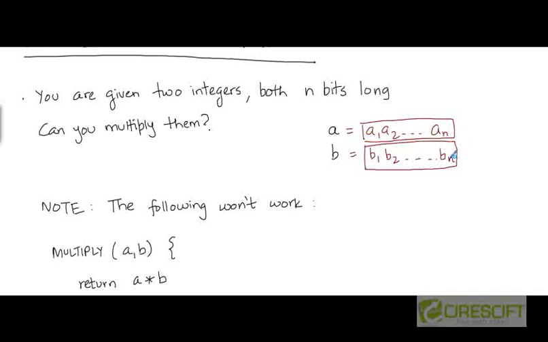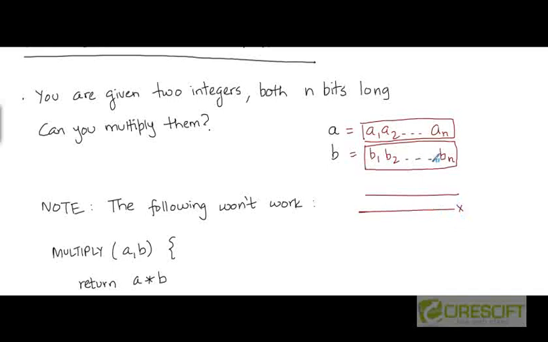So for example, we could take b sub n here, this bit, and multiply it with all the bits of a and write down the result in n bits. Then we take the second last bit of b, multiply it with all the bits of a, and write down the result shifted to the left by one position.